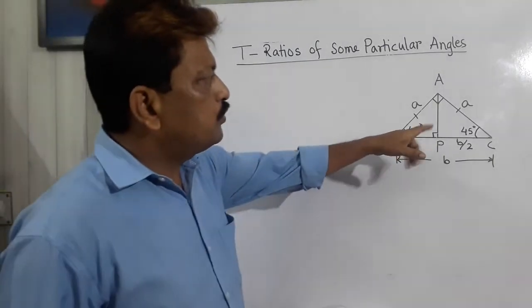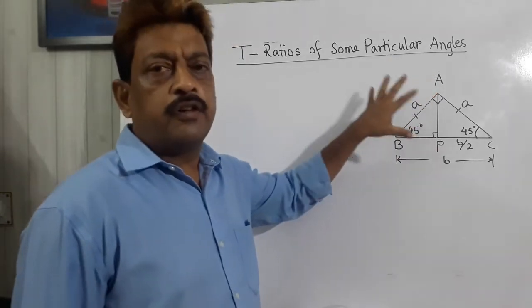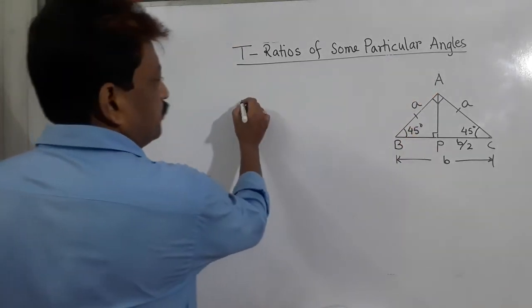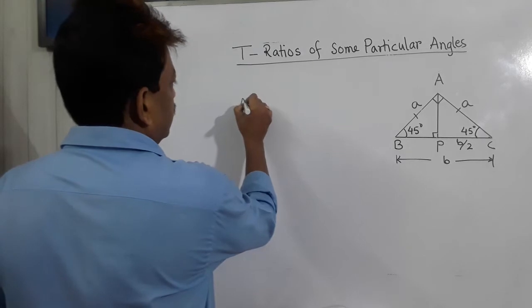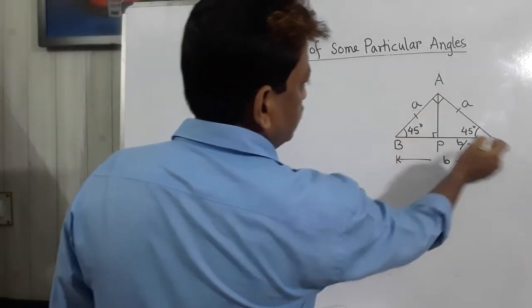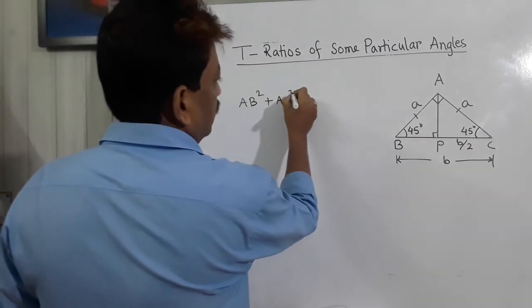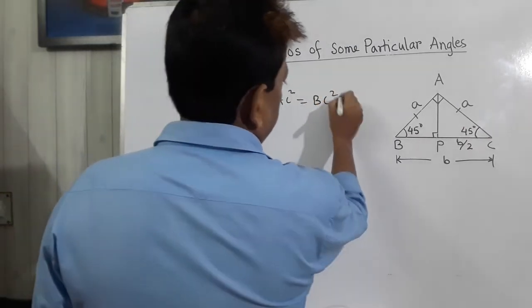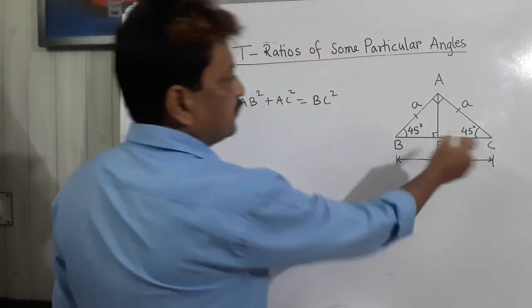Now if we use Pythagoras theorem for triangle ABC, then we will find that AB square plus AC square is equal to BC square. The hypotenuse is BC.